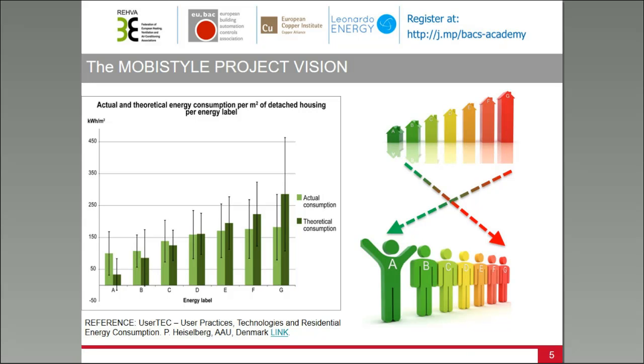The result is that the energy consumption in the actual phase, so what you read from the energy bill, is typically lower than predicted. While in highly performing buildings, the rebound effect of living in a high performing building and also having, for instance, highly consuming appliances tends to lead occupants to consume more.